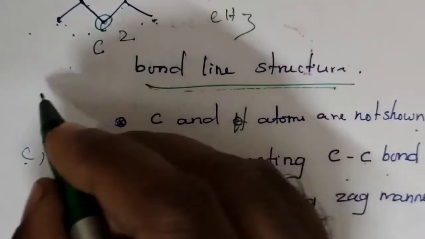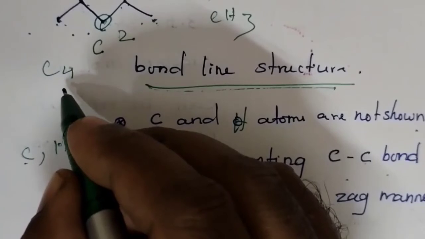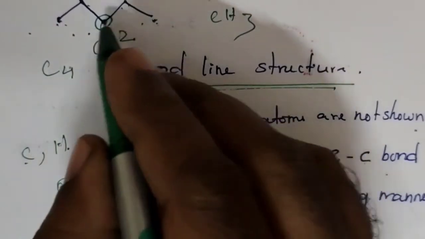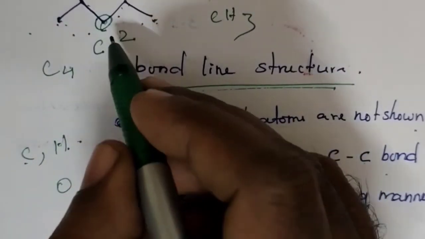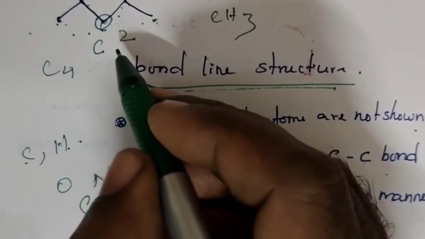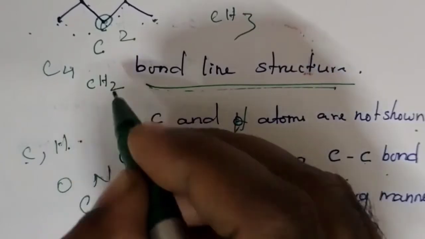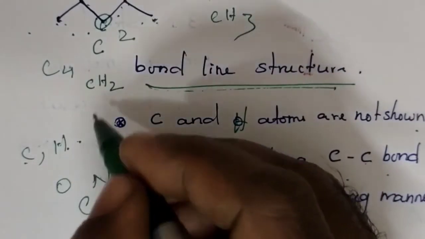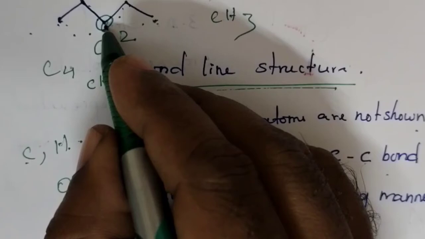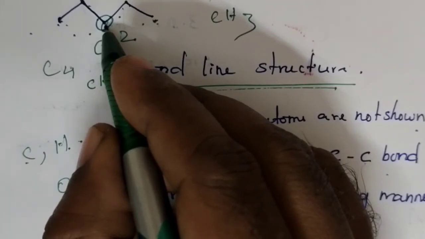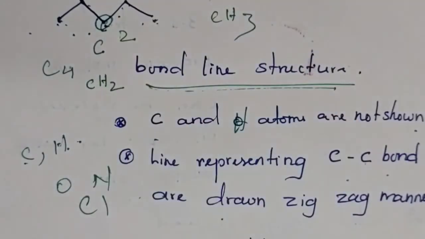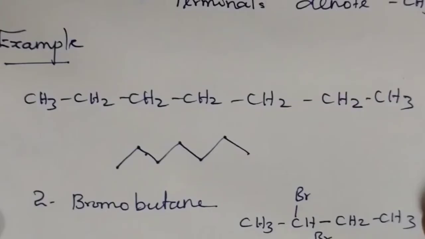We know the valency of carbon is 4, there must be 4 bonds, but here only 2 bonds are present. So what about the other 2? The other 2 are hydrogen. That means in this position a CH2 group is present. So the corner point represents carbon with a sufficient number of hydrogens. This type of representation is called bond line representation.